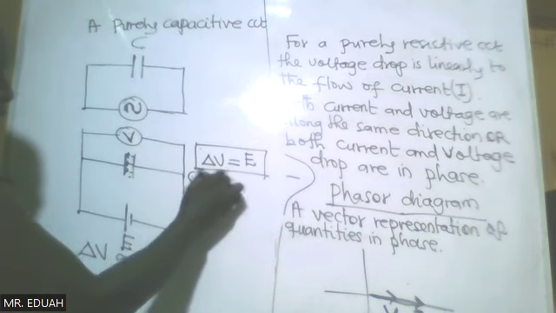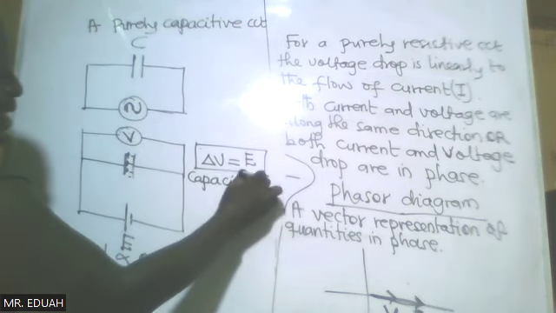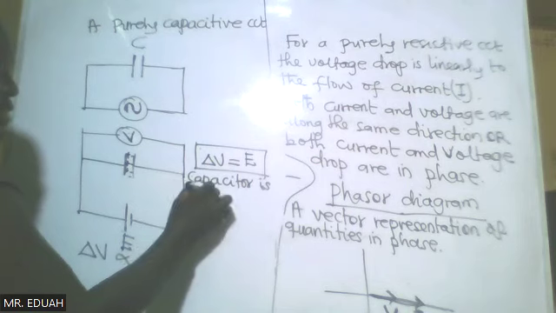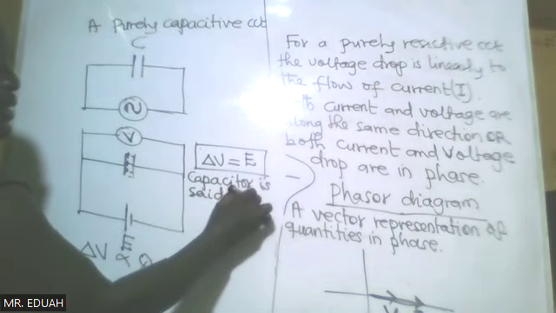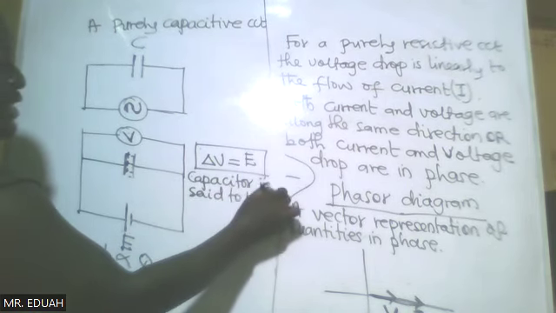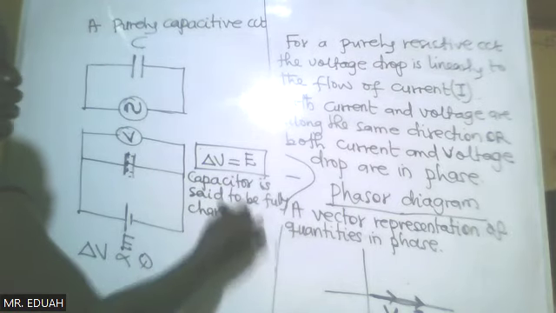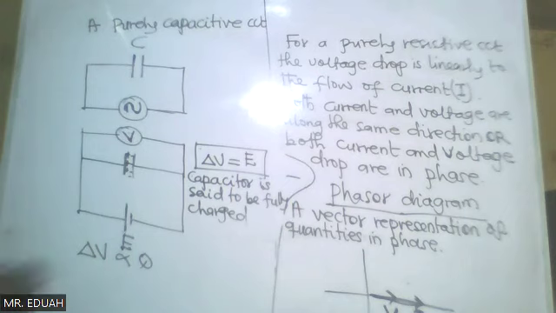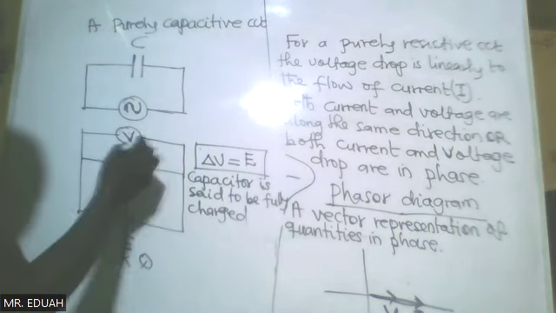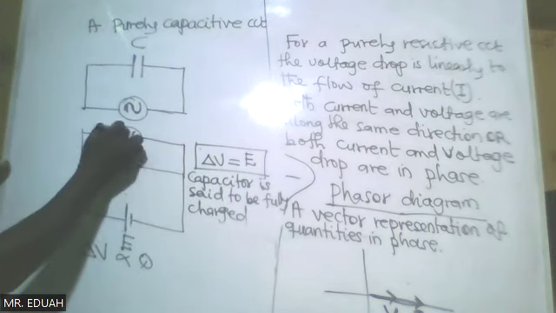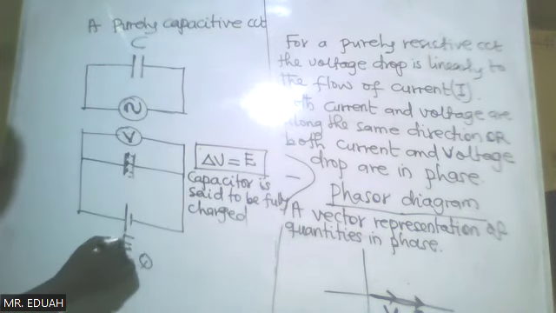So, in short, a capacitor is said to be fully charged when the voltage drop across the capacitor is equal to the EMF of the battery.